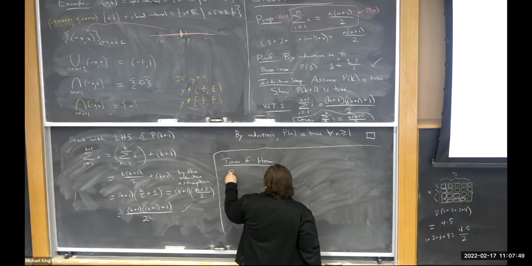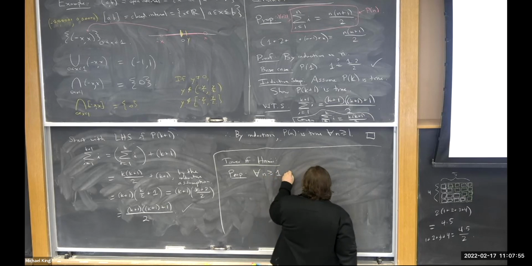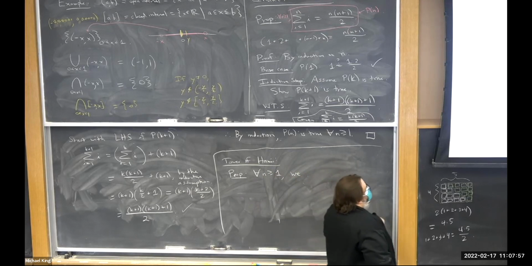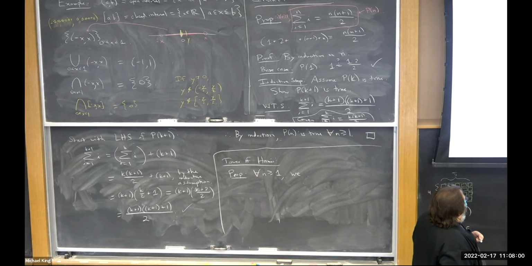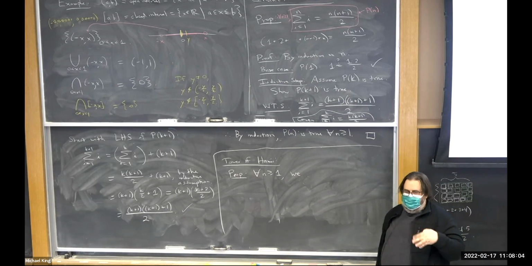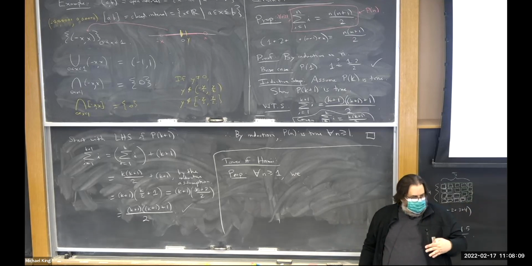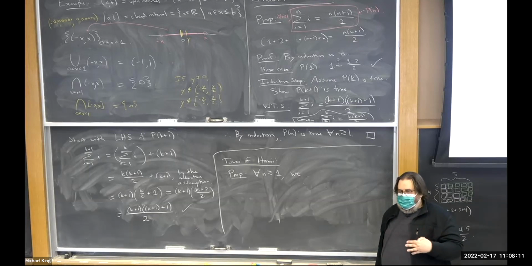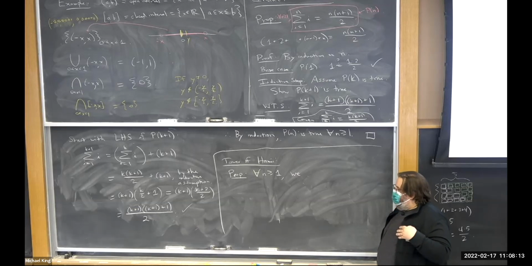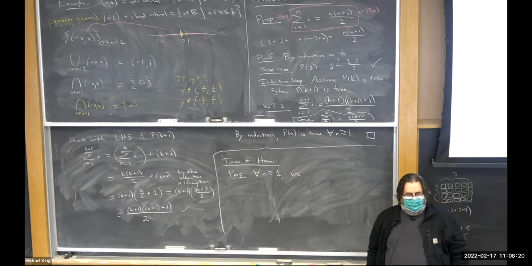So the proposition here is, for all n greater than or equal to 1, I want to say it carefully: at most that many moves. We know we need at most a certain number of moves to solve it. We're not proving that it's a minimal number of moves, but we know we can solve the 5-disk Tower of Hanoi in at most 31 moves.